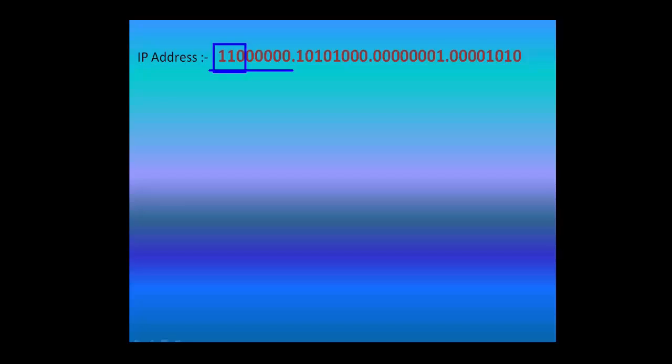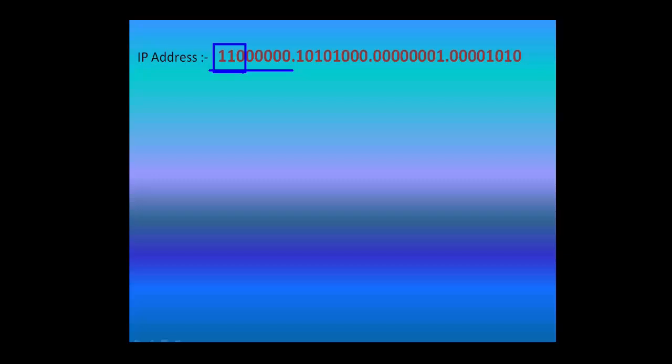Let's see some examples. Can you identify? I have told you, by looking at the first octet you can identify a class. Which class is this? It is a C class IP. The first 3 bits are 110. Please watch each and every slide carefully. I have shown you, if the first bit of the first octet is 0, that is the A class. If the first 2 bits are 10, then B class.